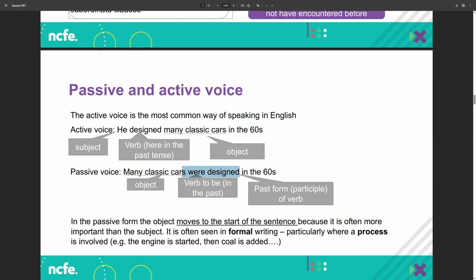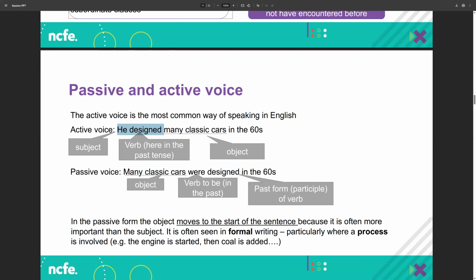You don't need to know the name, but it's were designed. Something was made. You have to use were, was, is being made, stuff like that, to describe the object.